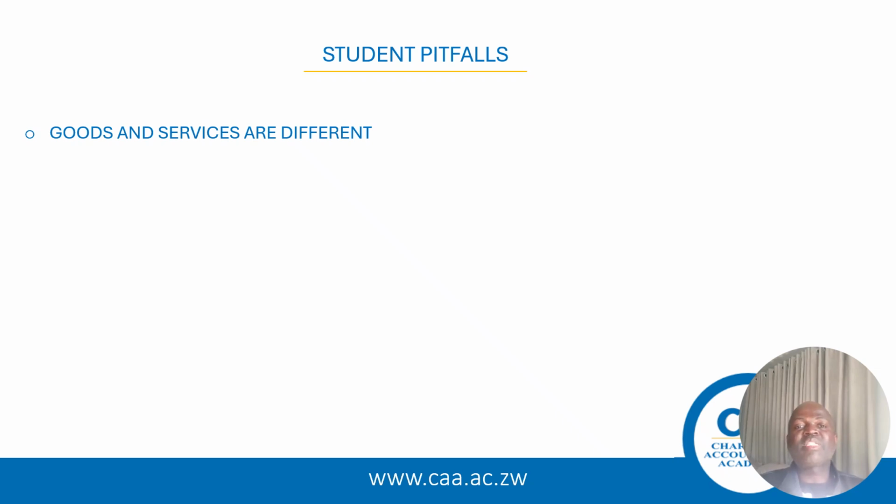So that's an important element. But you also need to know whether they are services or goods because of other aspects in terms of how output tax arises and whether or not input tax becomes claimable. So it's always very important for you to understand that goods and services are different, and you always go back to the interpretation of goods and services in section 2.